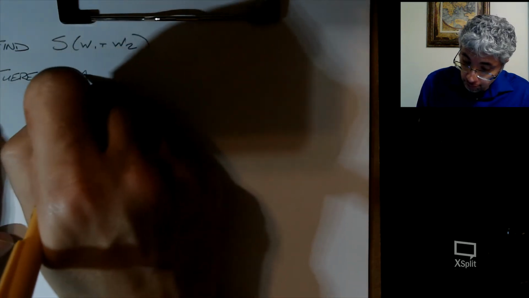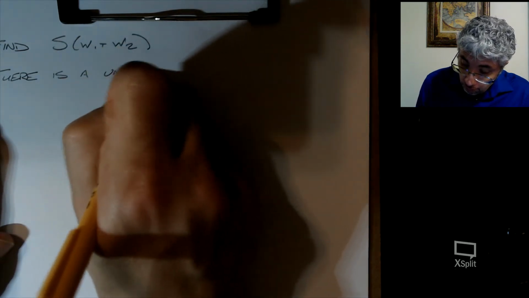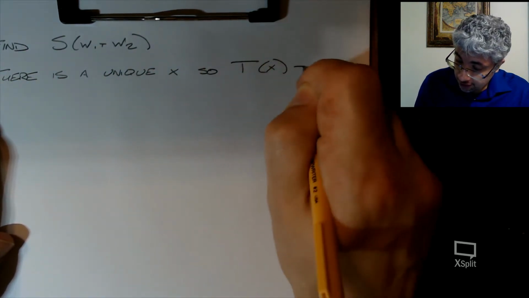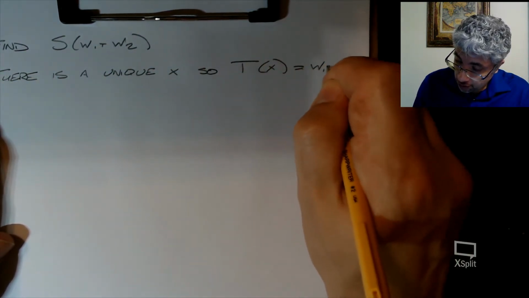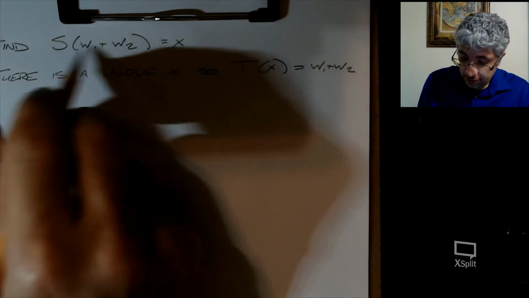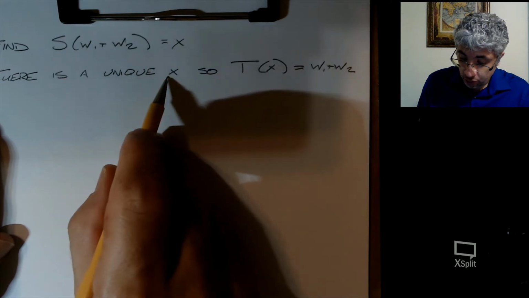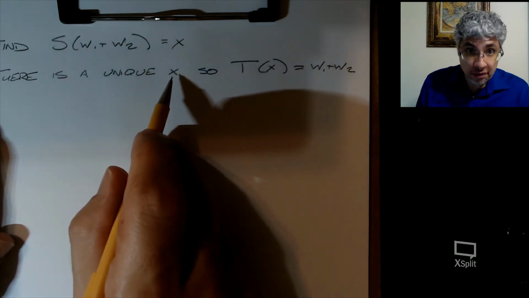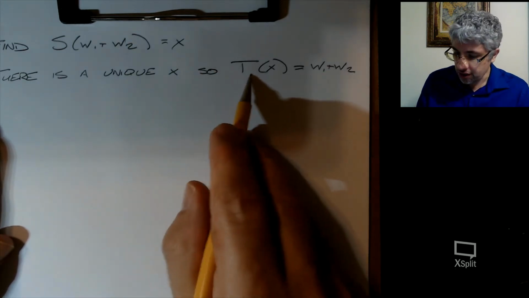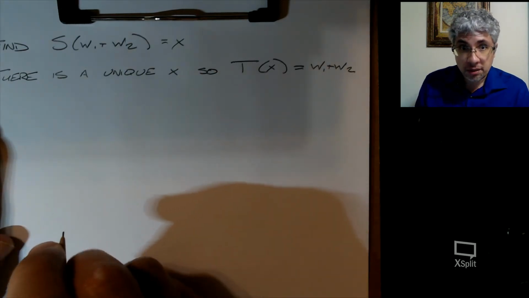There is a unique x so that T of x equals W1 plus W2, and that's what that is. S of W1 plus W2 equals x when there is a unique x, and x is the unique element so that T of x equals W1 plus W2.